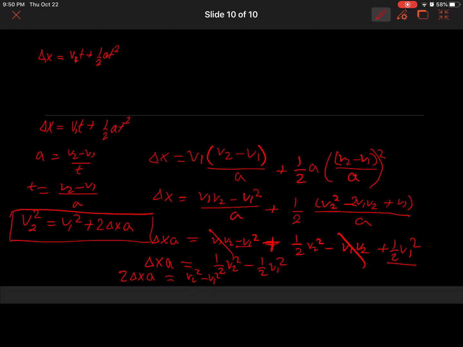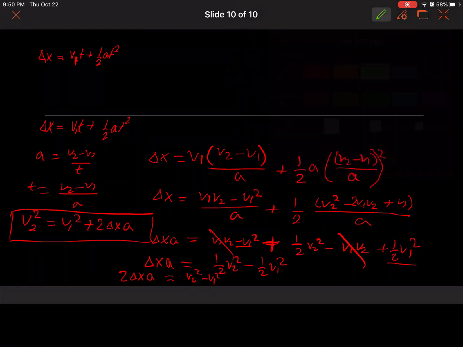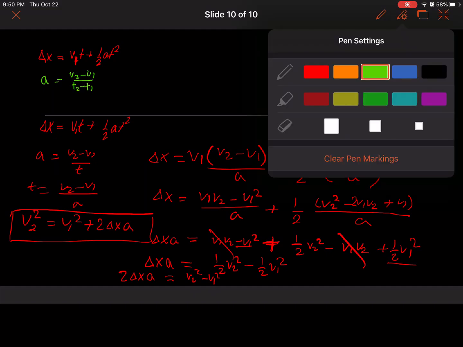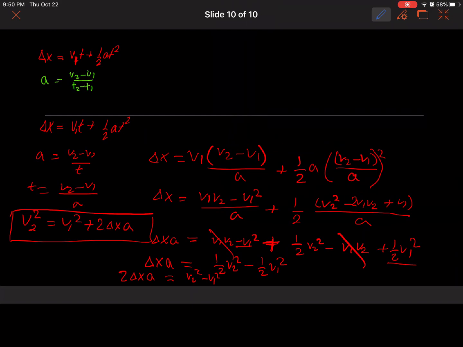Okay, that's v1, not v2. Another color. A equals v2 minus v1 over t2 minus t1. Now a blue one. Let's do this. v2 squared equals v1 squared plus 2 times delta x times a. And the fourth one was, I believe, change in displacement equals, what was the fourth one again?